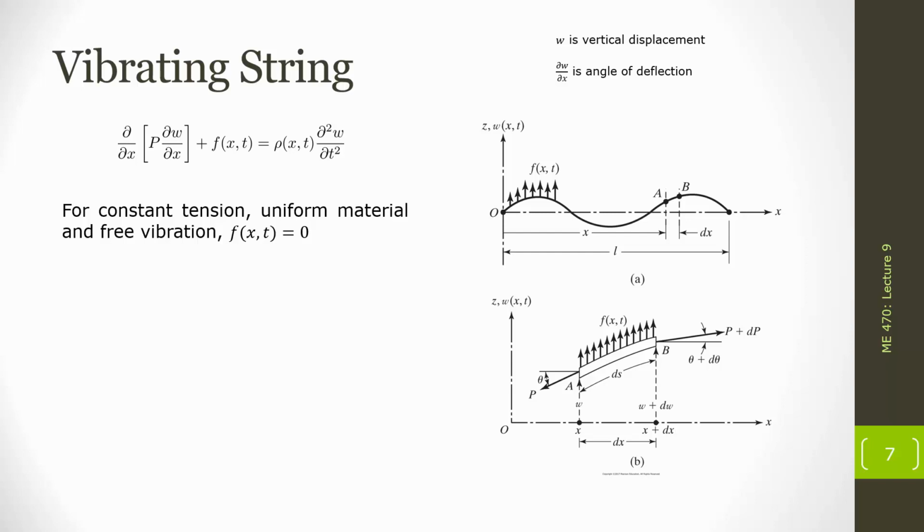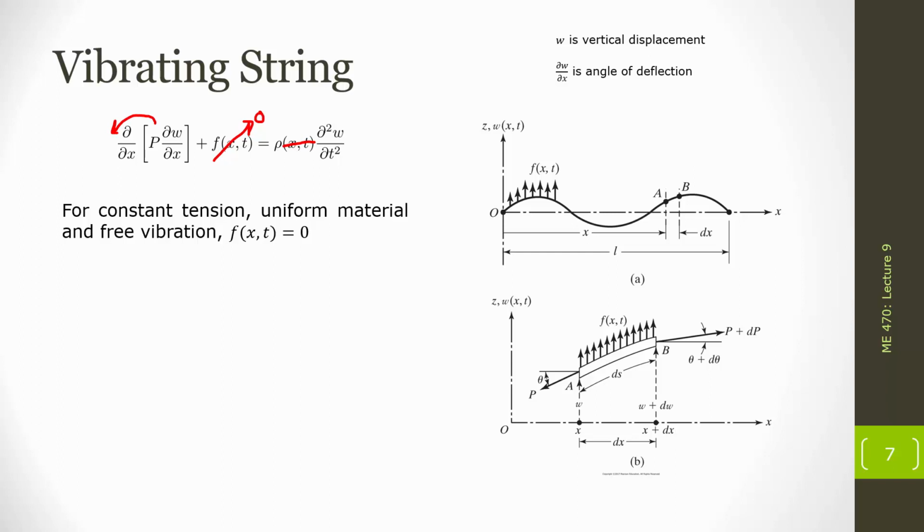So what simplifications does that give for us? Well, if it's a free vibration, this term is going to be 0. For a uniform material, uniform not only in space and time, then rho of x,t is just rho. It's just going to remain a constant. And if we have constant tension, that means the tension is not going to be changing in space or in time. So that means that this p can actually come outside of this differential because it's not going to be a function of x. It's going to act as a constant term.